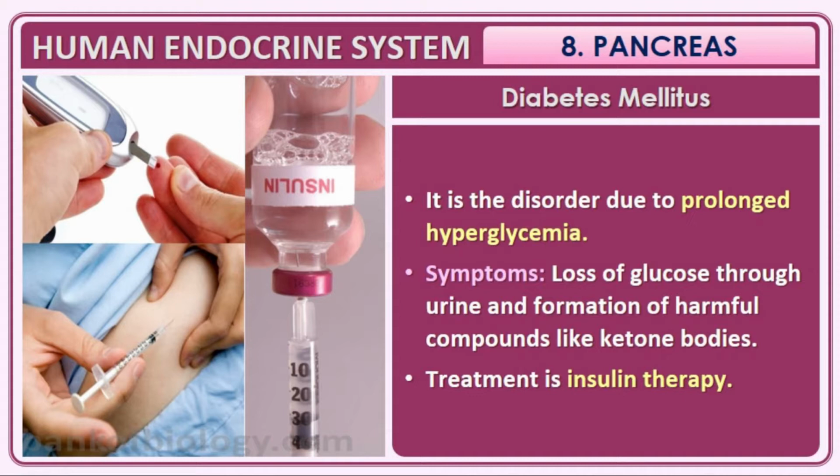Symptoms: loss of glucose through urine, which is why sugar patients take urine tests to check the sugar content, and formation of harmful compounds like ketone bodies. The treatment is insulin therapy. Diabetes mellitus patients take insulin injections to reduce the sugar level of the blood.